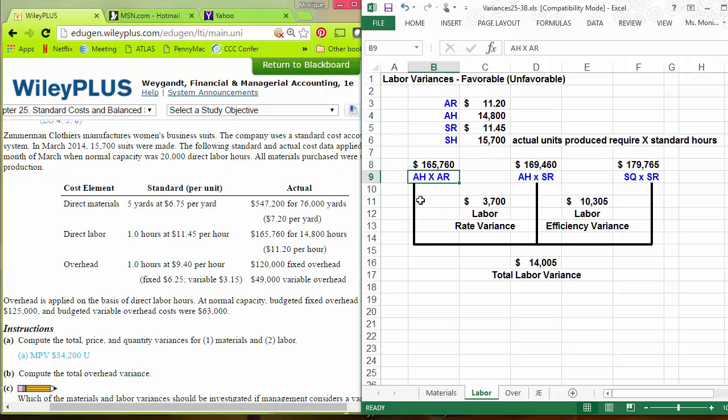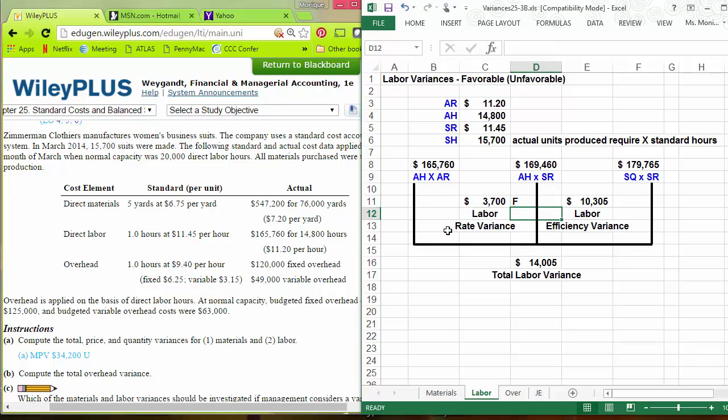So again, we'll take our actual hours times our actual rate. We get our product. And then we take our actual hour times our standard rate. We get a different product. We take the difference between the two. And this will be our labor rate variance. So the AR and the SR are what changes between these two products. 3,700 is favorable.